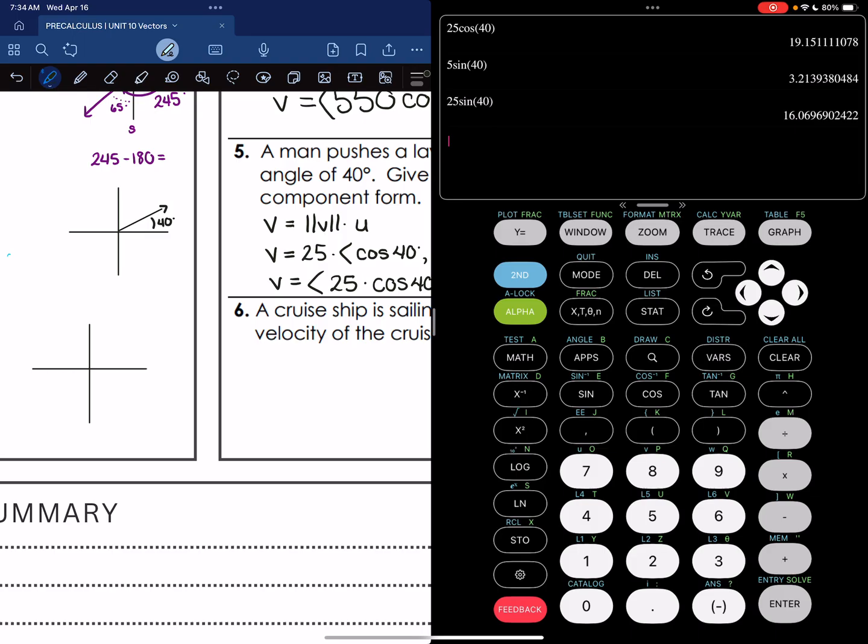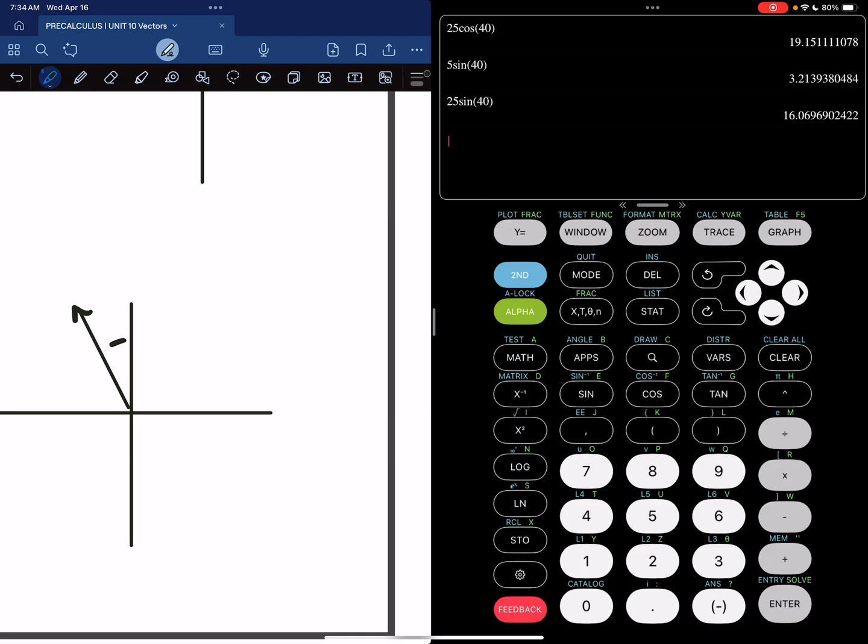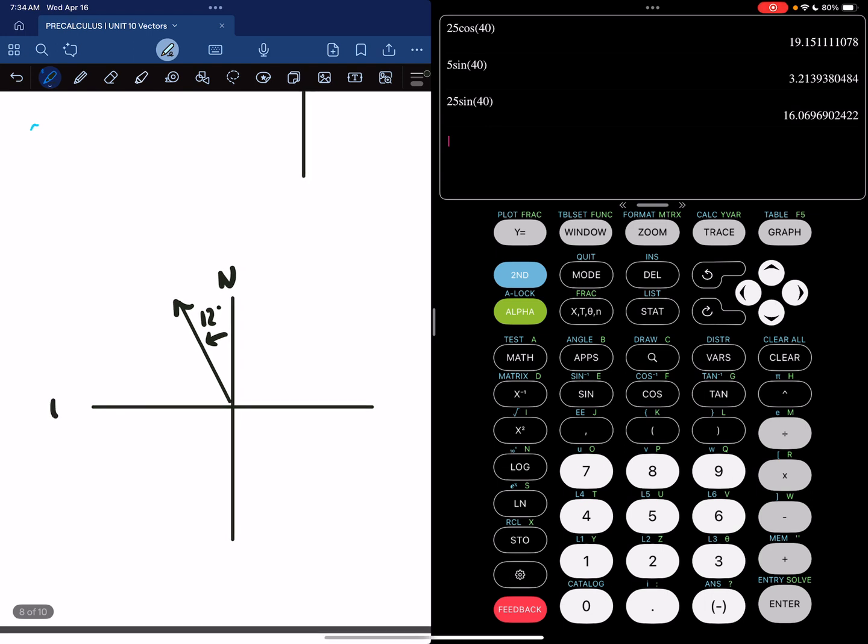And it's sailing 12 degrees west of north, so that's going to be right here. And this amount of rotation is 12 degrees. We're 12 degrees in the westward direction from north.